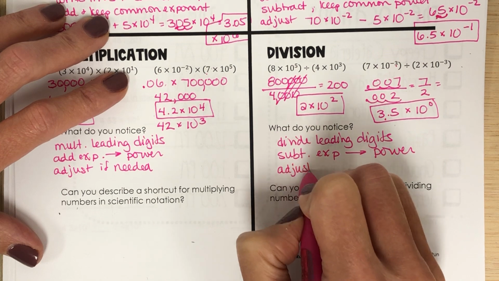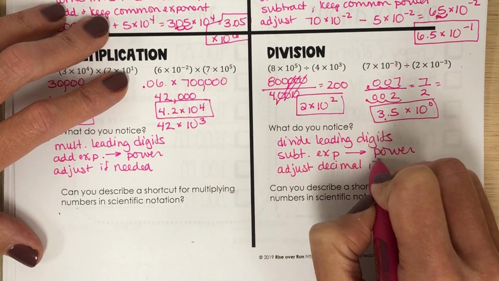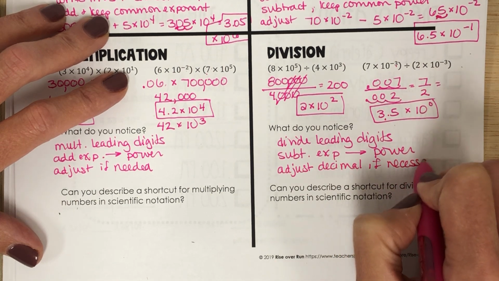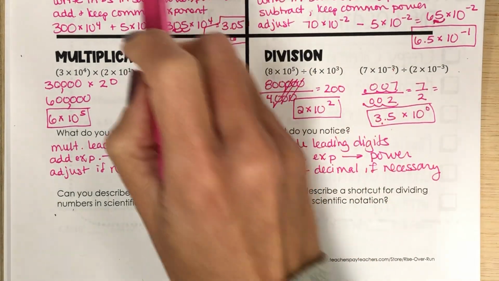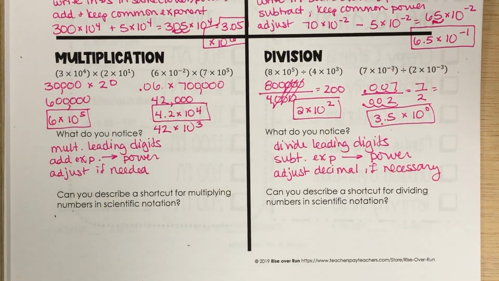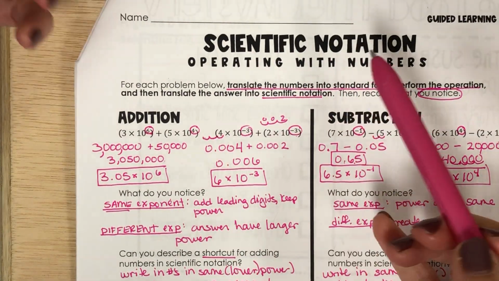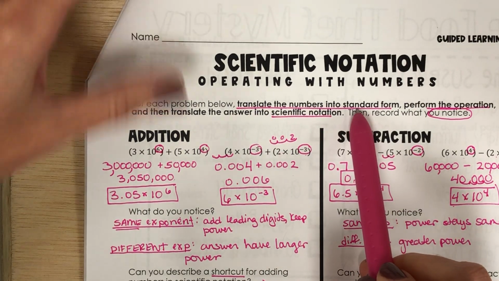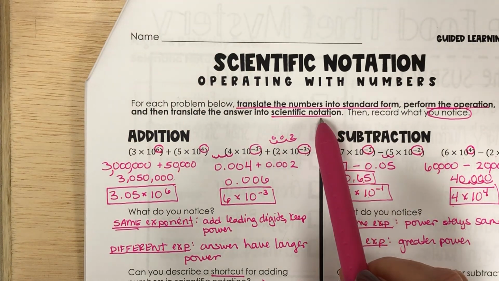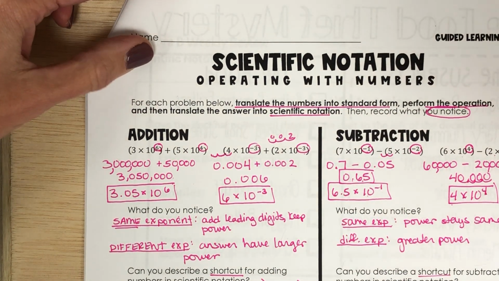We might have to adjust our decimal if necessary, if we end up with a number that's not between 1 and 10. So there we have some shortcuts for addition, subtraction, multiplication, and division for keeping our answer in scientific notation. As always, you can just translate your number into standard form, do the operation that way, and convert it back. That's always a possibility, but if you can remember the shortcuts, they work as well.